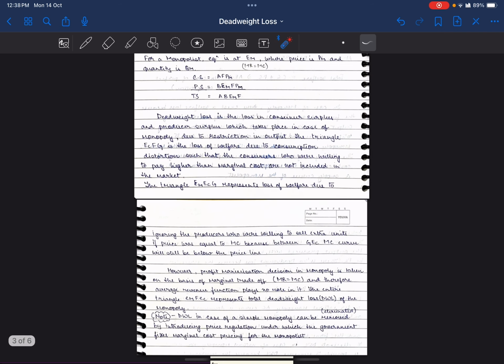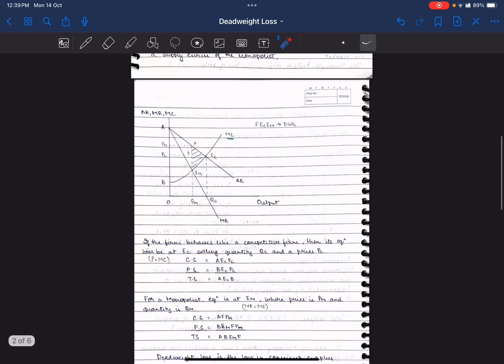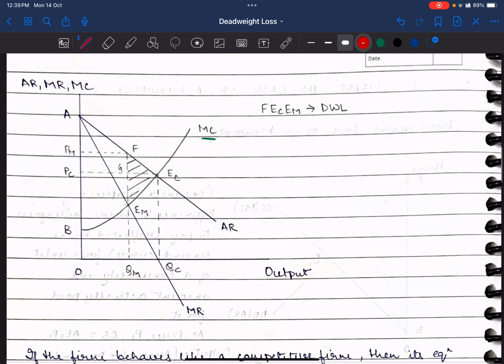So, profit maximization decision in monopoly is taken on the basis of marginal trade-off, and therefore the average revenue function plays no role in it. The entire triangle EMFEC represents the total deadweight loss of a monopoly. This is the total deadweight loss in case of a monopoly.